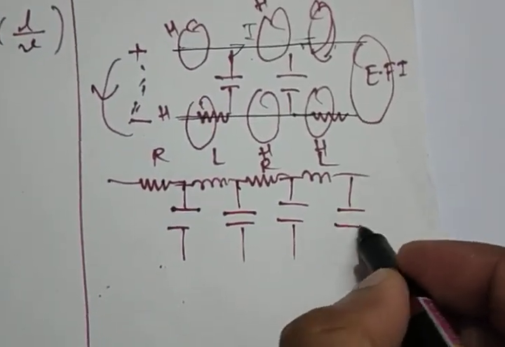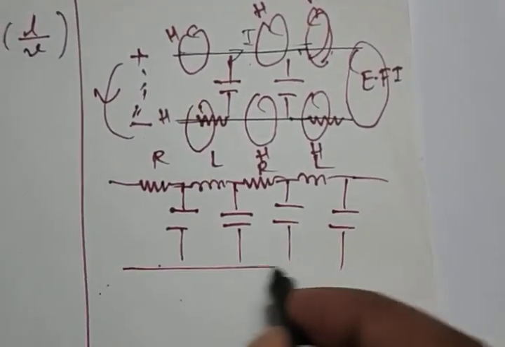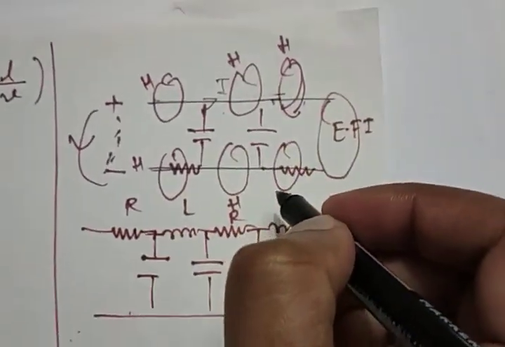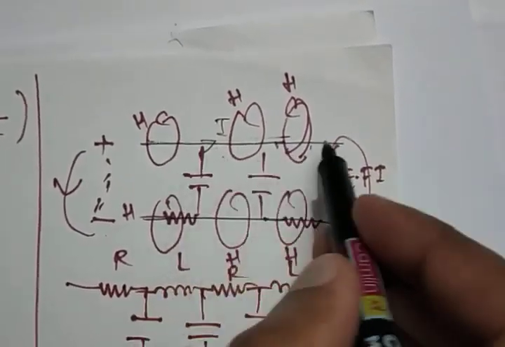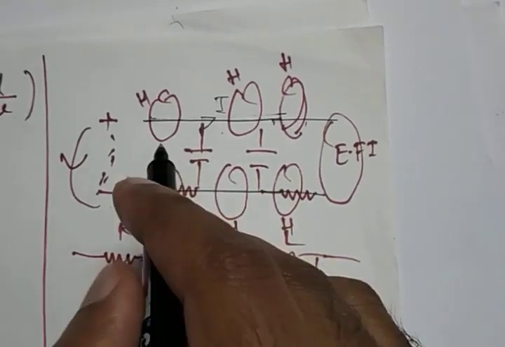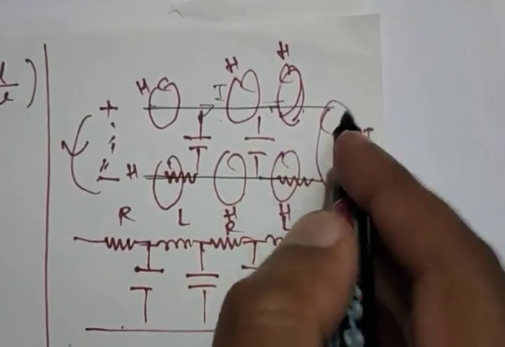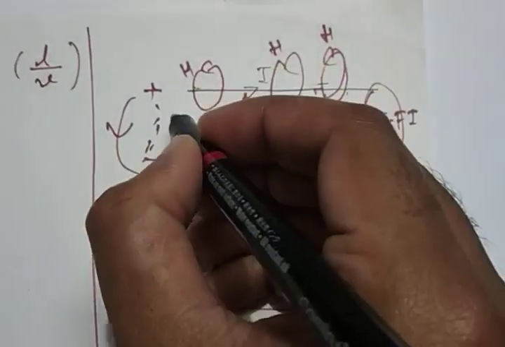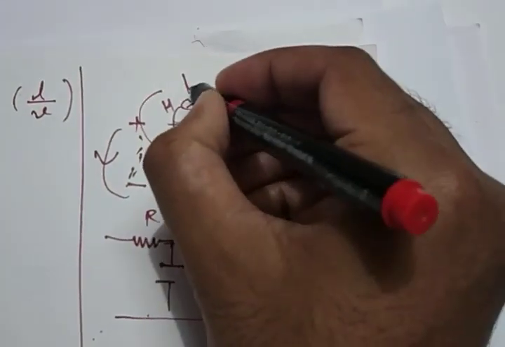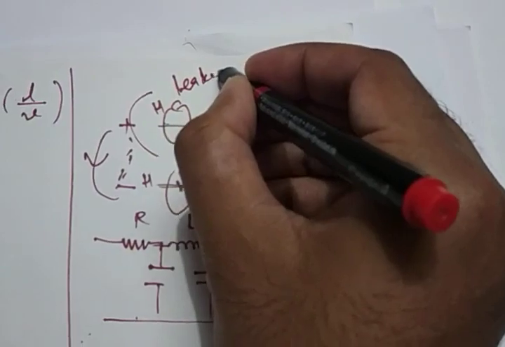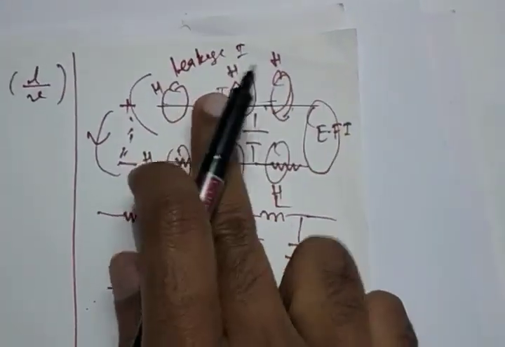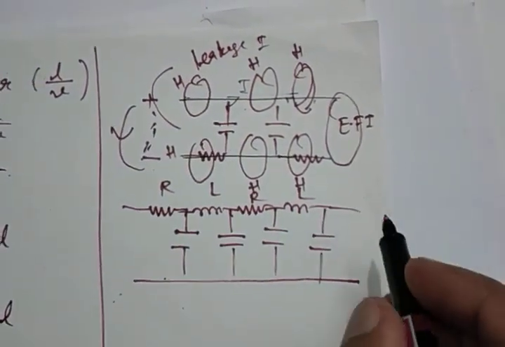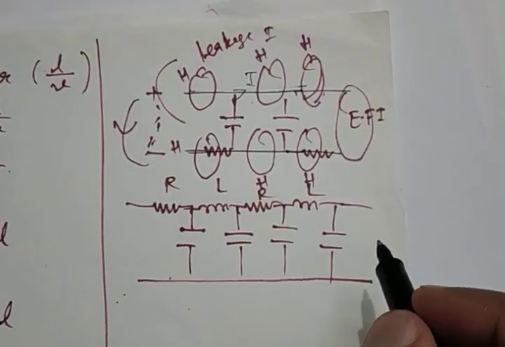So capacitance is there. Now, one more parameter we have to consider: these two lines are not ideal. These are practical lines. Whenever there is practical circuitry, there will be some leakage current. That leakage current will give rise to some kind of conductance.